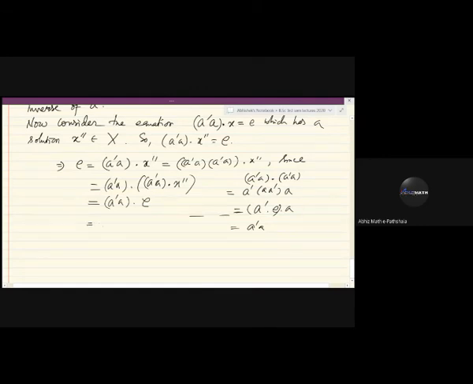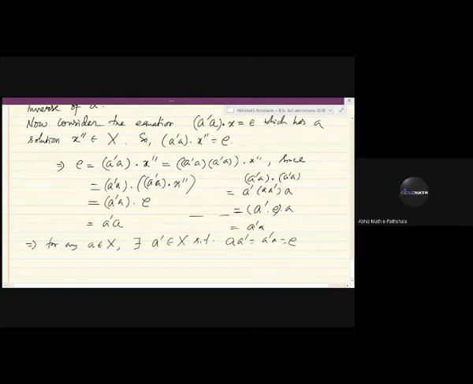So it is a dashed a, right? So this implies for any a belongs to X, there exists a dashed belongs to X such that a dashed a equal to e.